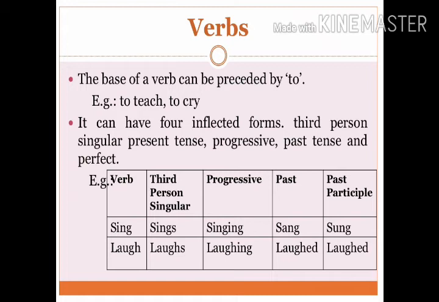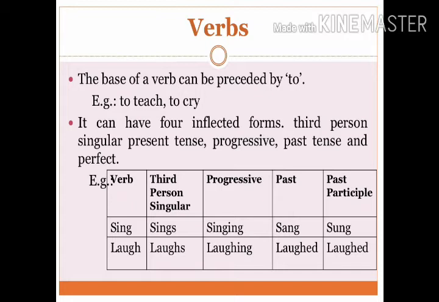Now we have verbs. The base of a verb can be preceded by to. For example, to see, to teach, to cry, etc. Generally, a verb can have 4 inflected forms: third person singular present tense, progressive, past tense, and past perfect form.